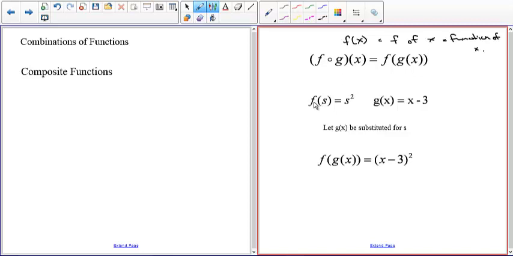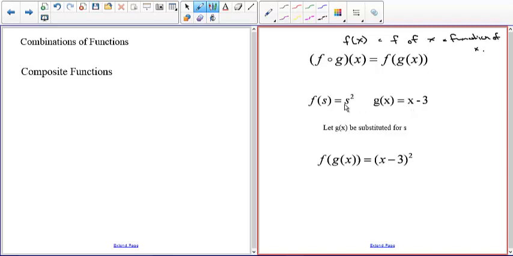So here's an example. Let's say f of s is s squared, g of x is x minus 3. So what you can do is you can substitute g of x into here in terms of the parentheses, but it also means that you can substitute this in for s. And ultimately, the composite function is a function of x.